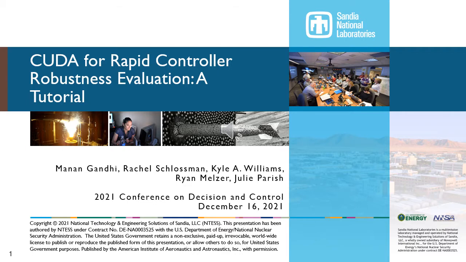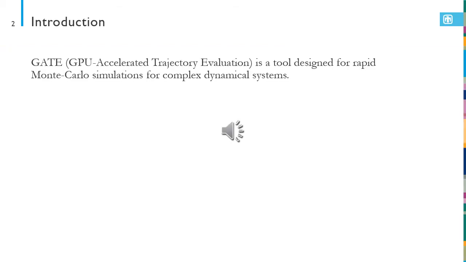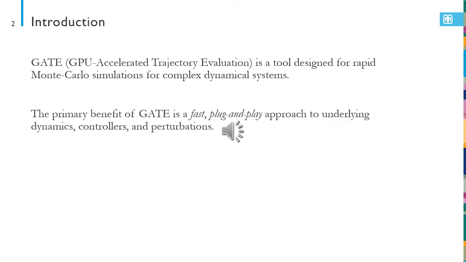Let's get started. GATE is a tool designed for rapid Monte Carlo simulations for complex dynamical systems. The primary benefit of GATE is a fast plug-and-play approach to underlying dynamics, controllers, and perturbations.